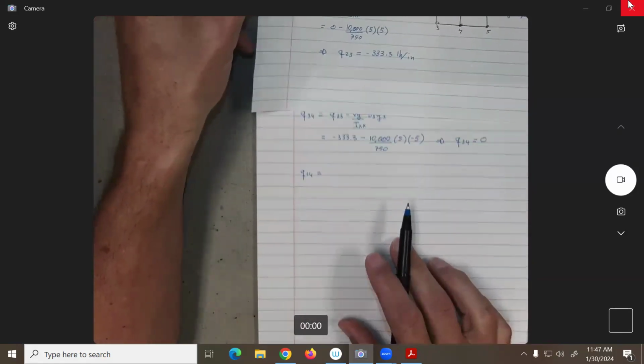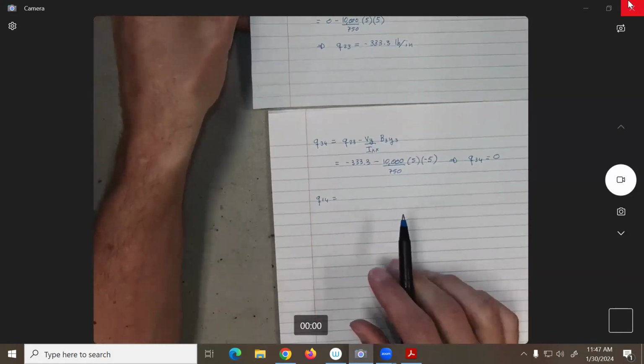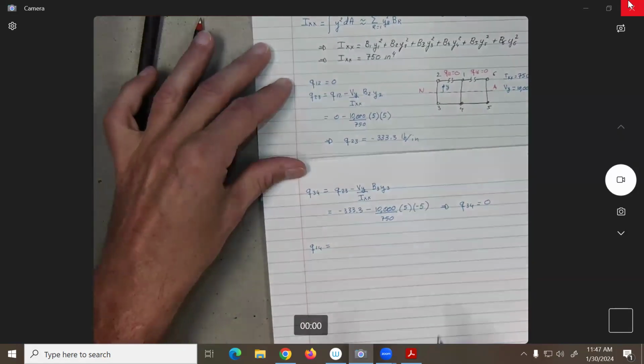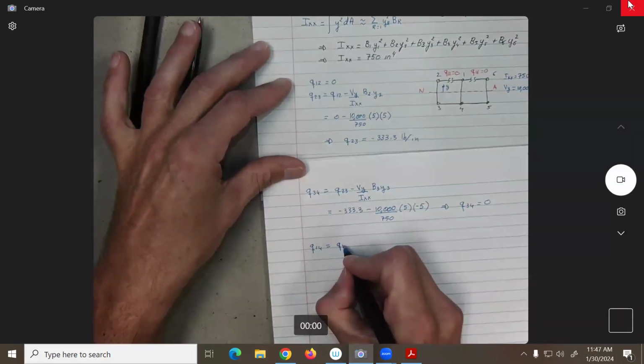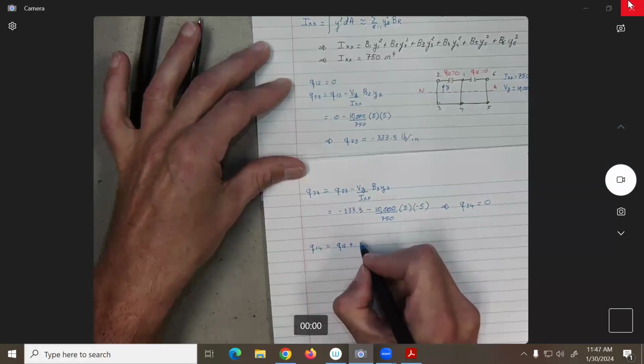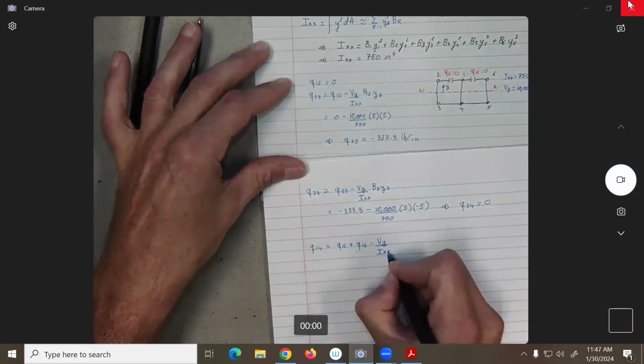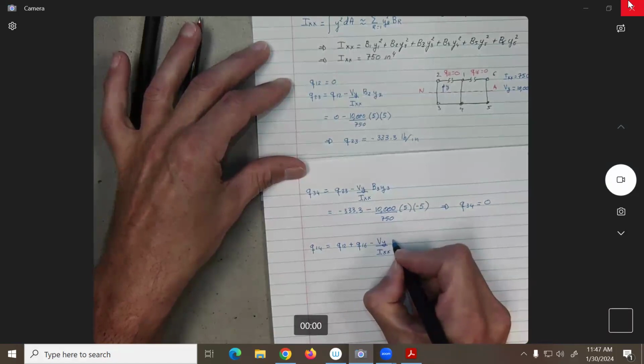If I want to look at this figure, if you want it to be detailed, hold on, wait 1 second. I will have Q12 plus Q16 minus Vy over Ixx. And now what do I need to put over here?